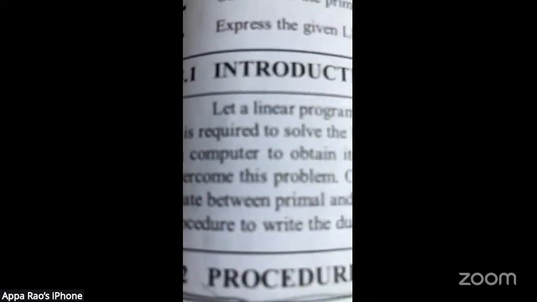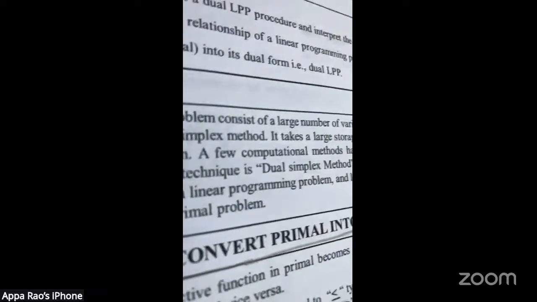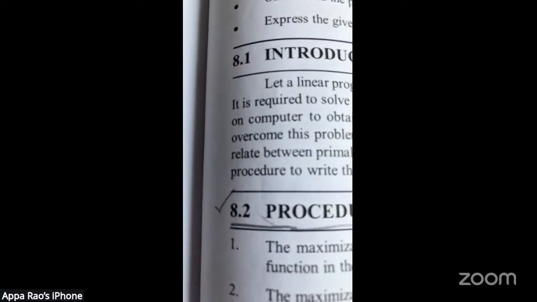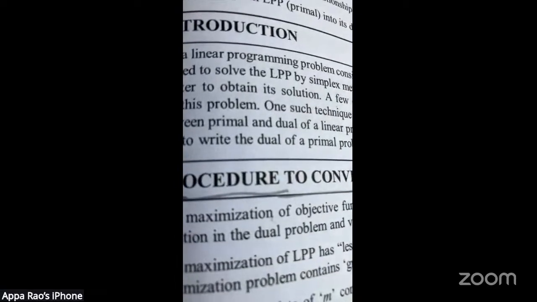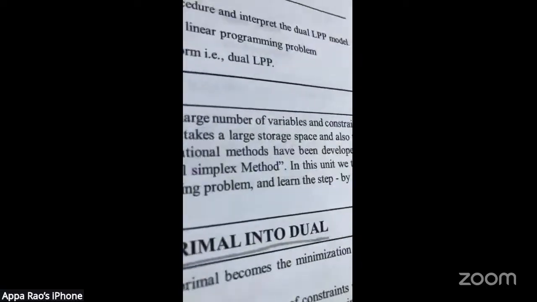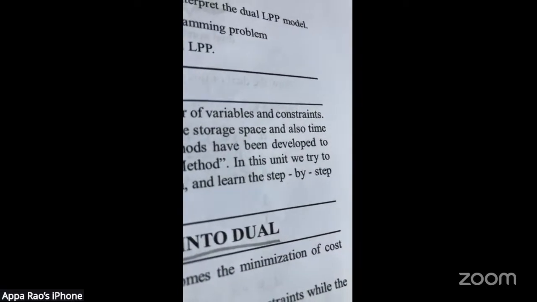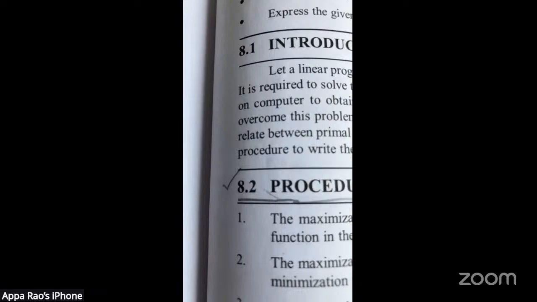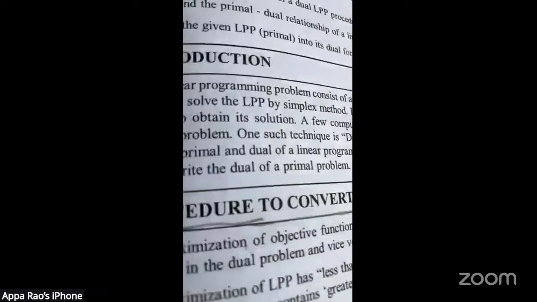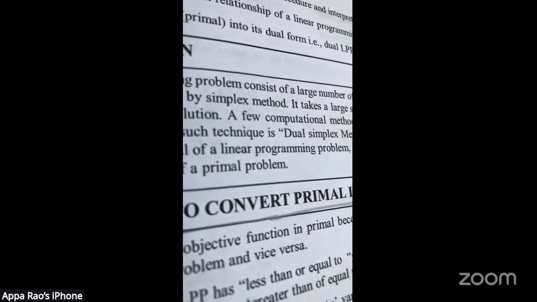Introduction: a linear programming problem may consist of a large number of variables and constraints. It is required to solve the LPP by the simplex method. It takes a large storage space and also time on a computer to obtain its solutions.